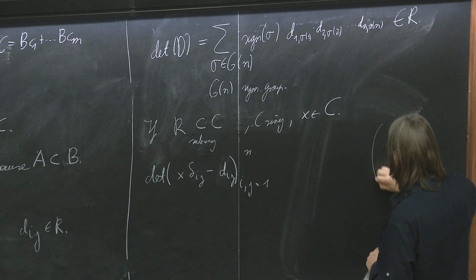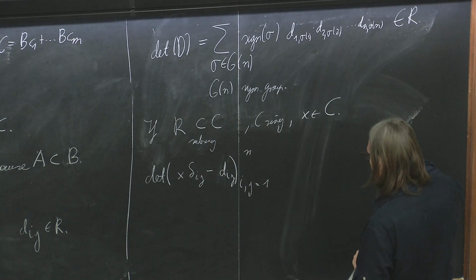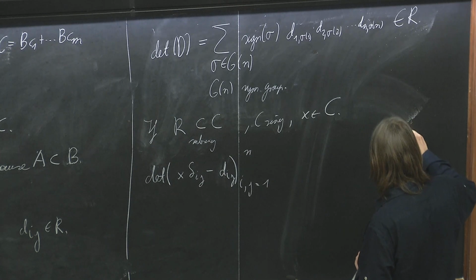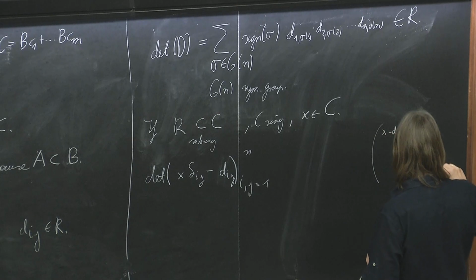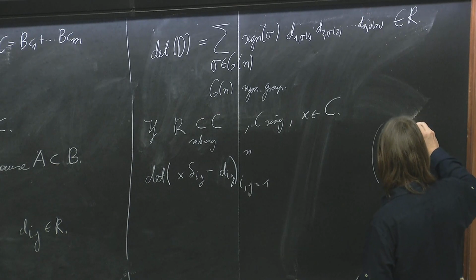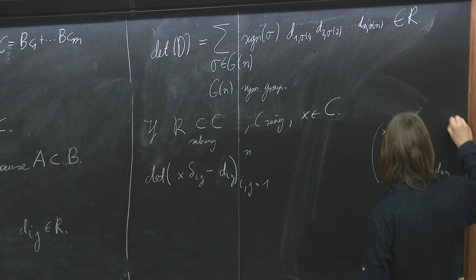Some matrix with x minus d11, x minus dnn, and otherwise the other entries.